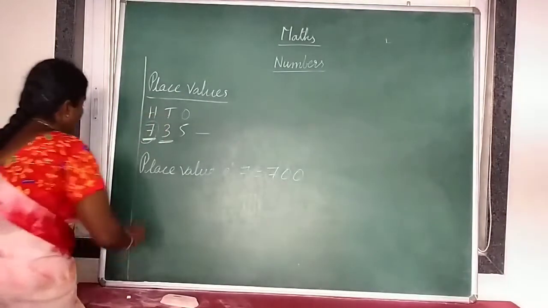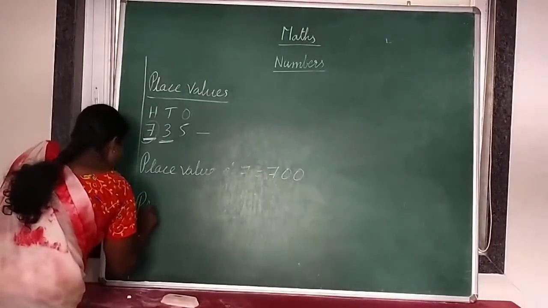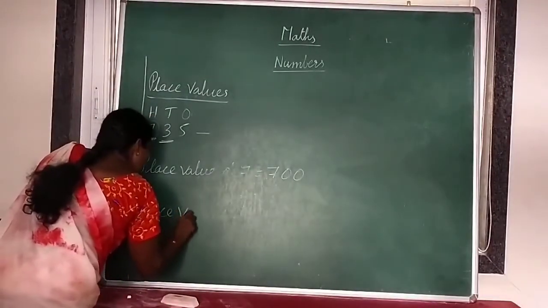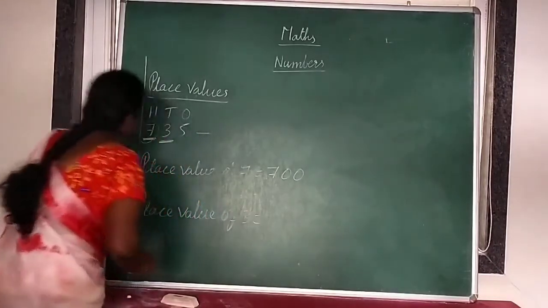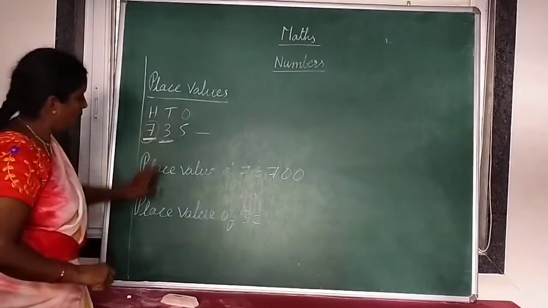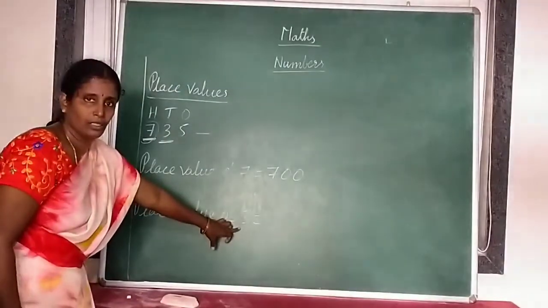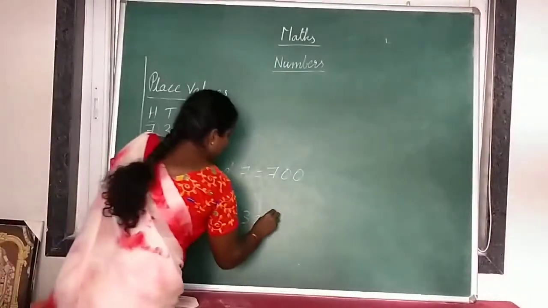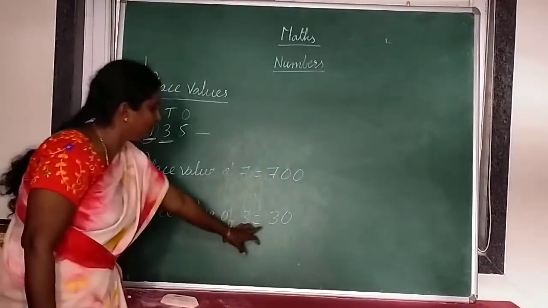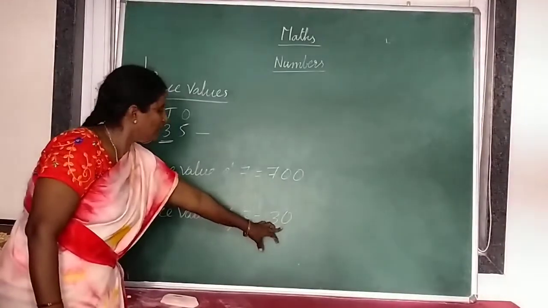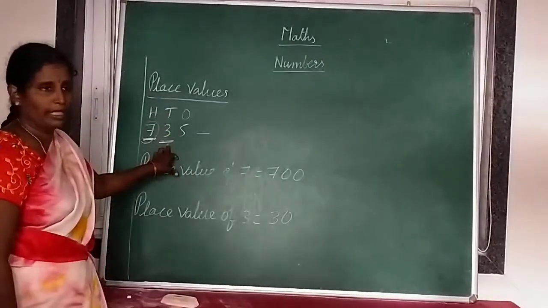Tens place. So what is the place value of 3? 3 in tens place now. So place value of 3 is 30. Because it is in tens place.